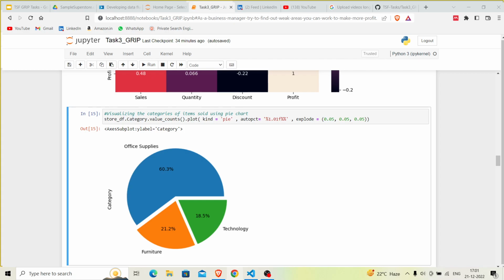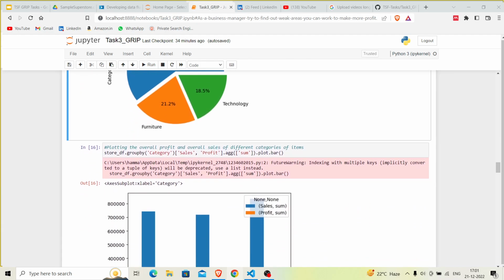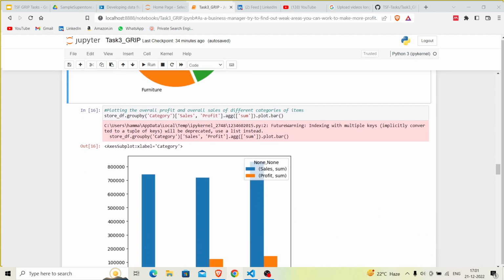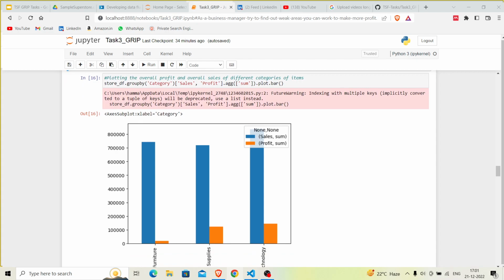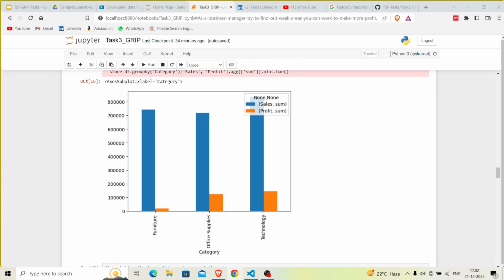I am using the plot function of the pandas library to create the pie chart, and in the result what I can see is office supplies is the top selling item, and after that furniture, and after that technology. And then I am aggregating the sales and profit together by category and plotting a bar plot to see what the profit margins are for each category of items.